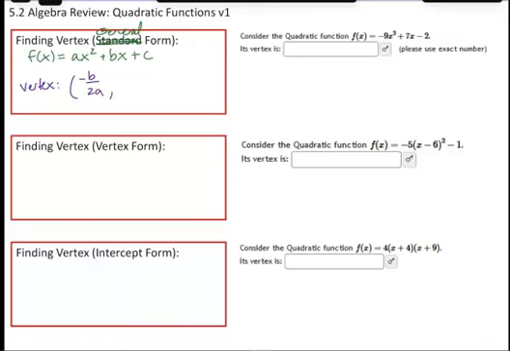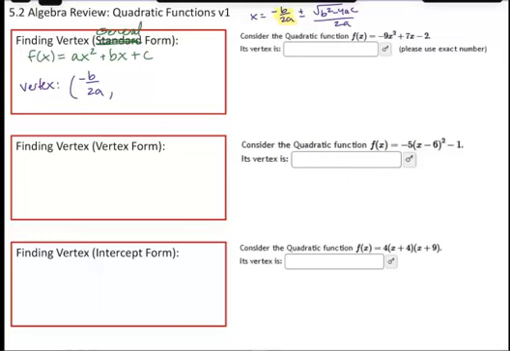Now, if you recall this from the quadratic formula, this is the quadratic formula for solving equations. The x-coordinate of the vertex is just this first part. It's that first term, the term that has no chance of being irrational. That is the x-coordinate of your vertex from general form.